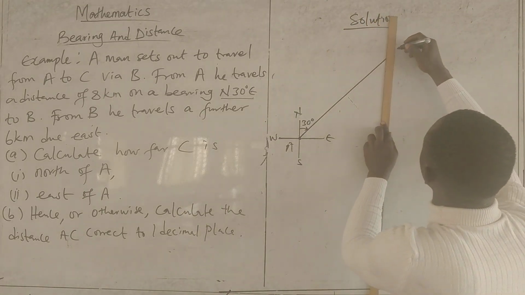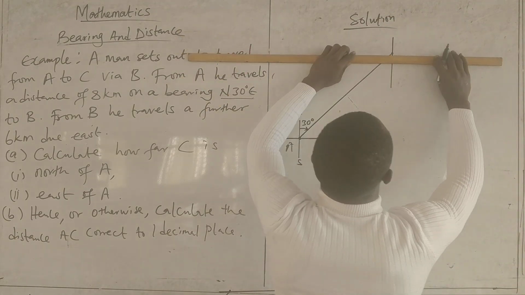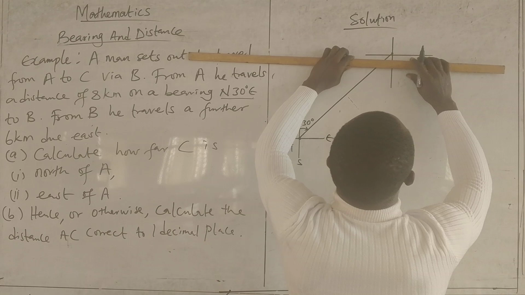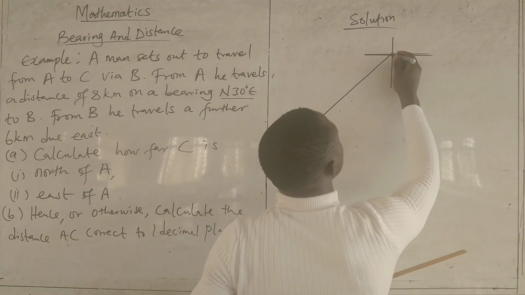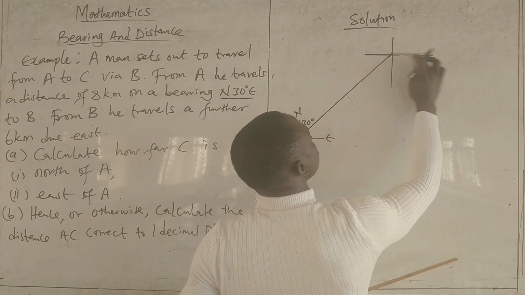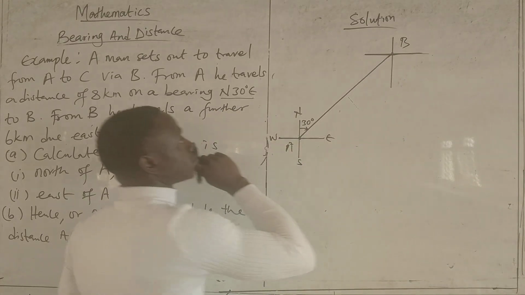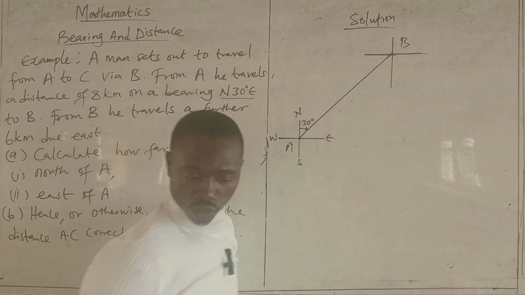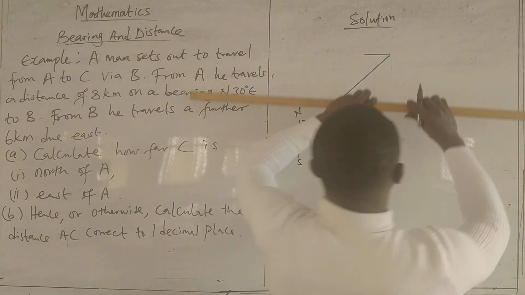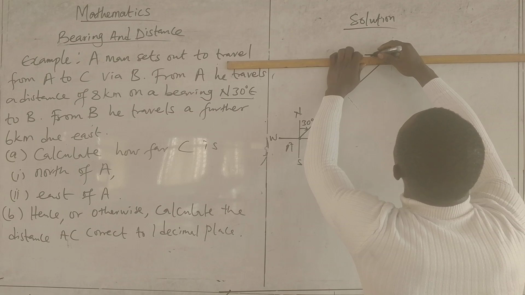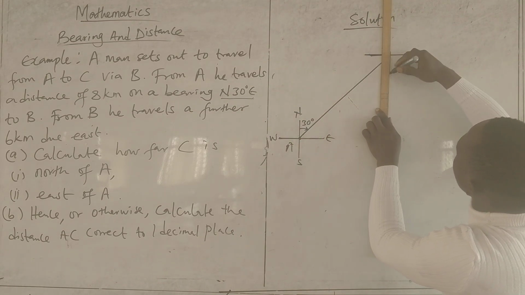So you draw another cardinal point there. So here's B. Sorry, I didn't draw that well. I don't like drawing just anyhow.